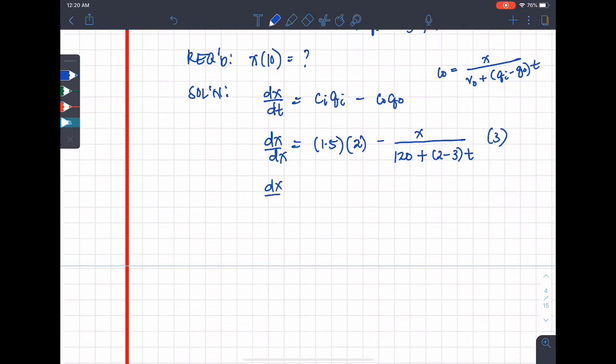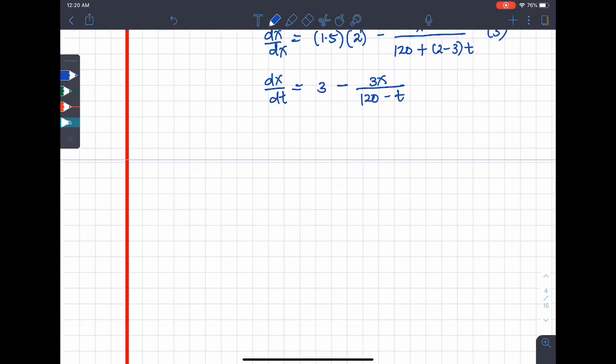And thus dx/dt would be equal to 1.5 times 2, which is 3, minus 3x over 120 minus t, giving us again a linear equation. So dx/dt plus 3x over (120 minus t) is equal to 3.